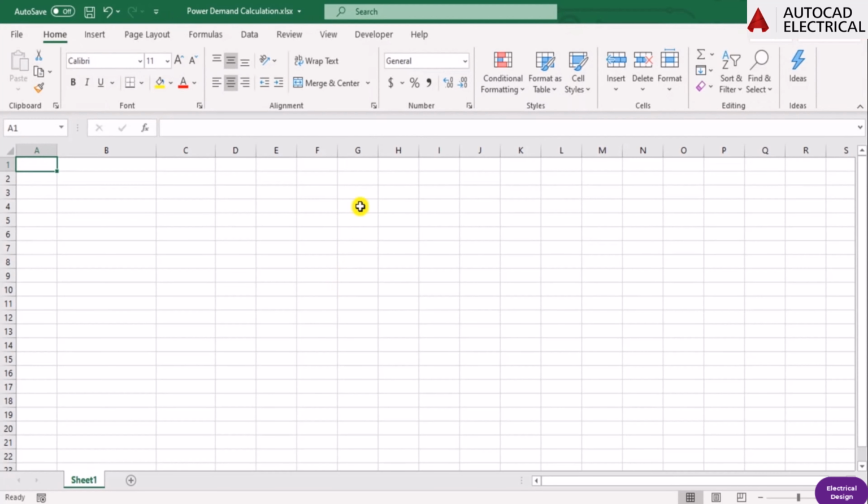To calculate the power demand, we need to use an Excel sheet. To calculate the actual power demand, we prepare the Excel sheet like this.